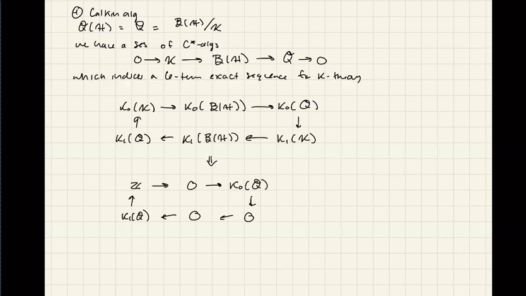So by exactness, we have the K-theory of the Calkin algebra that we wanted. Right, so we know that K0 will be trivial and K1 will be a copy of the integers.